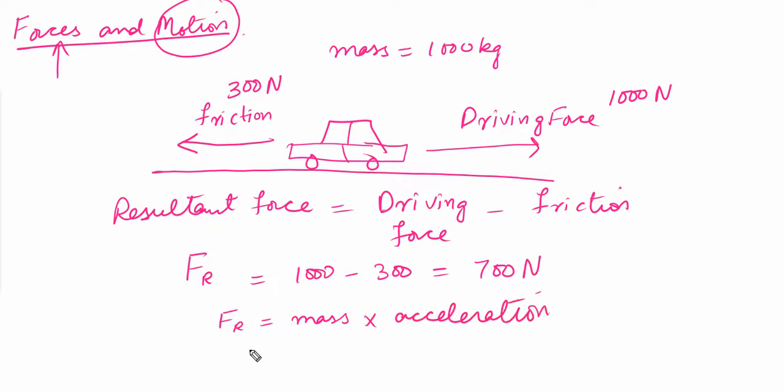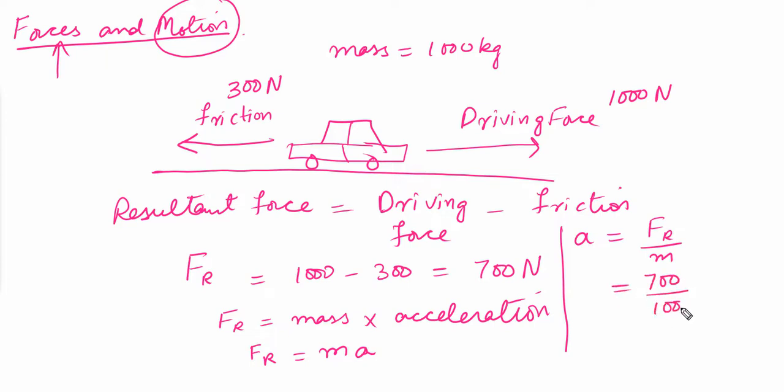So the resultant force equals ma, where m is the mass and a is the acceleration. Because we have to find the acceleration, I'll make acceleration the subject. So acceleration is equal to resultant force divided by the mass. The resultant force is 700 and the mass is 1000. So for this car, the acceleration is 0.7 meters per second squared.